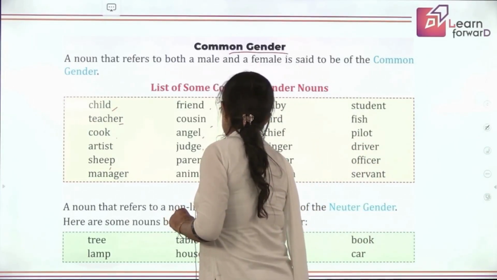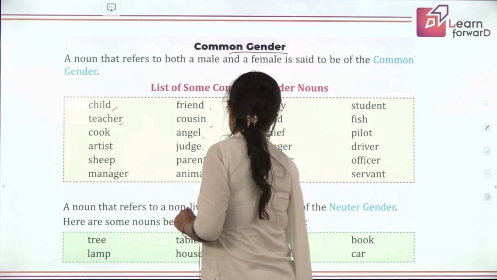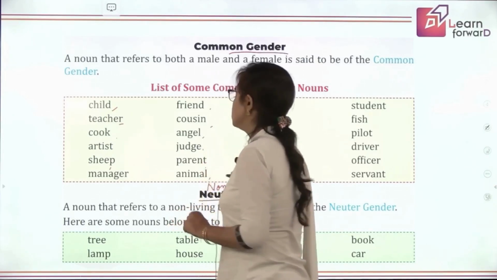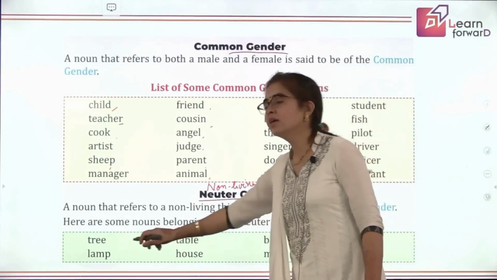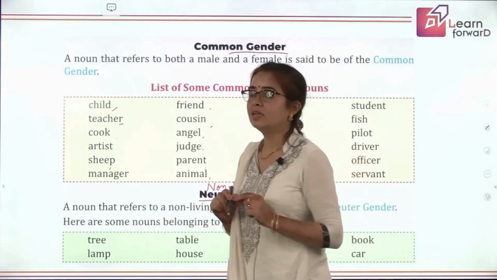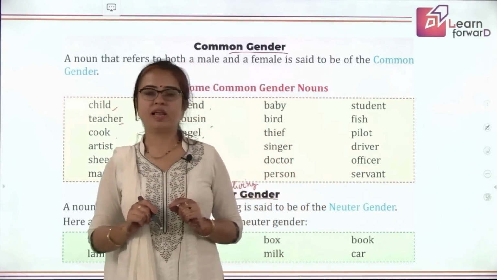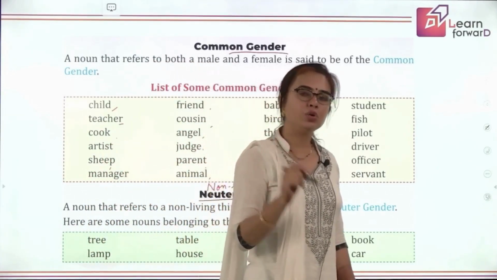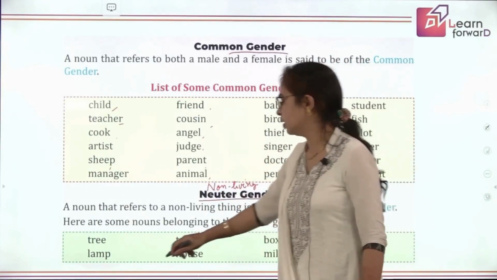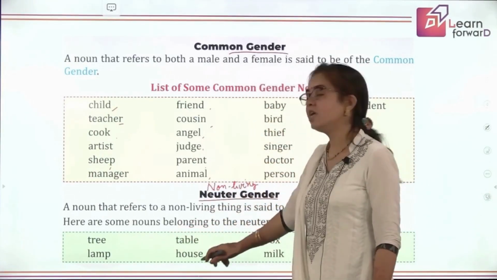So we say that all non-living, lifeless nouns are neuter gender. Just like tree. Tree has got life, it is not lifeless, but still we take it under neuter gender as a non-living thing. A lamp is a thing, table, house.